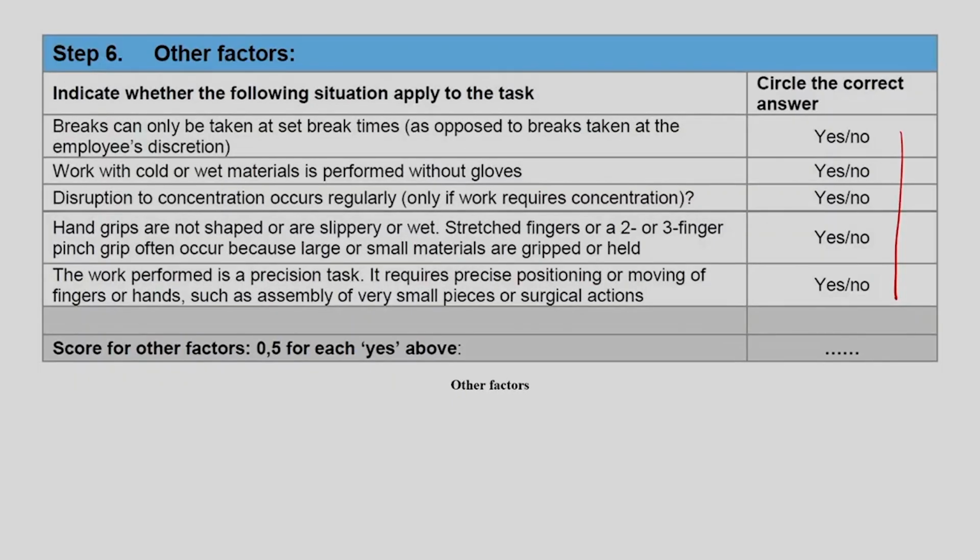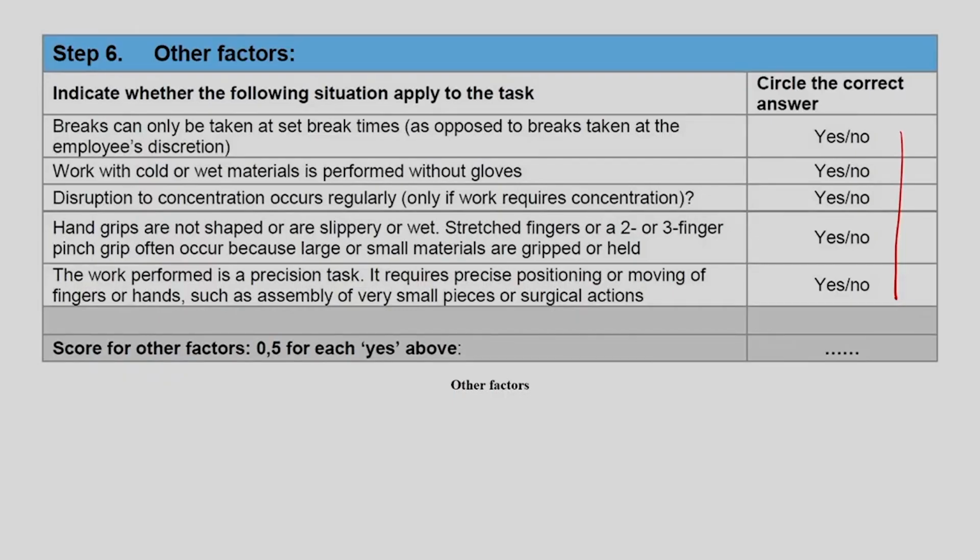The work performed is a precision task or not. If it is a precision task, you need to hold your neck posture very firmly, because a precision job needs a lot of hand-eye coordination and concentration. It requires precise positioning or moving of a finger or hand, such as assembly of very small pieces or surgical actions, watchmaking, jewelry making.